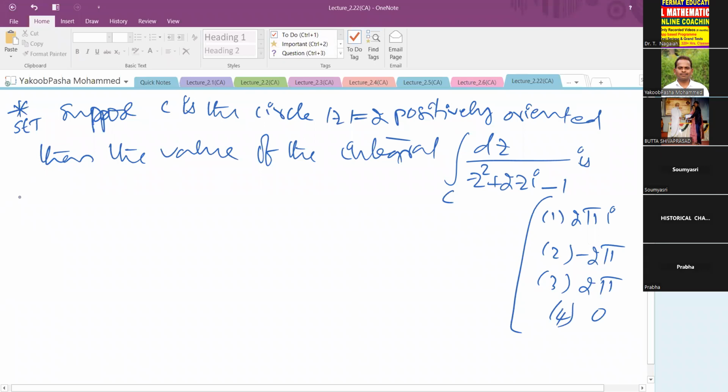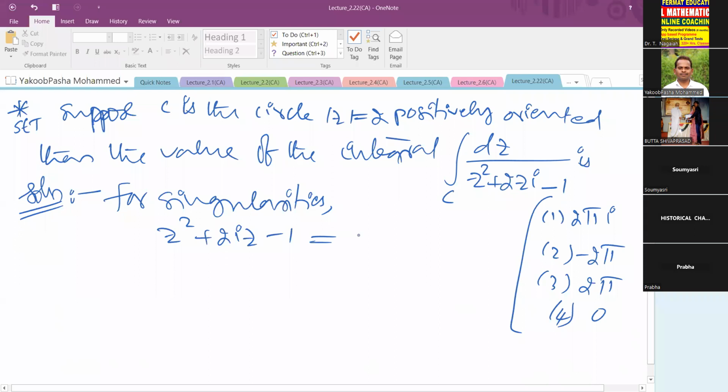So first of all, we have to find the singularities. For singularities, we should equate the denominator to 0, that is z squared plus 2iz minus 1 equals 0.